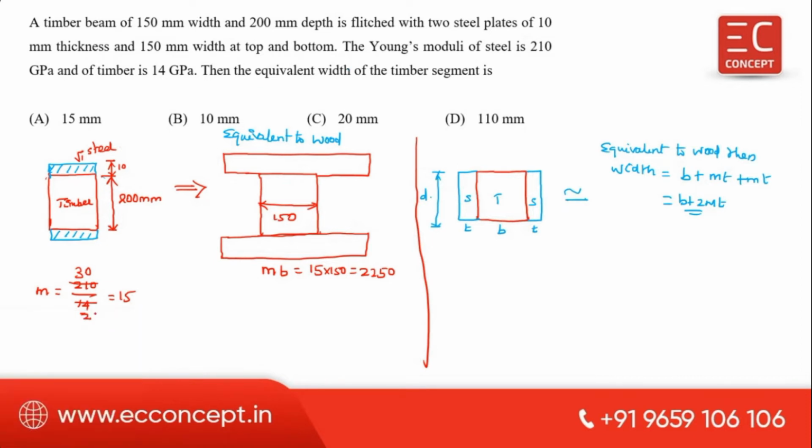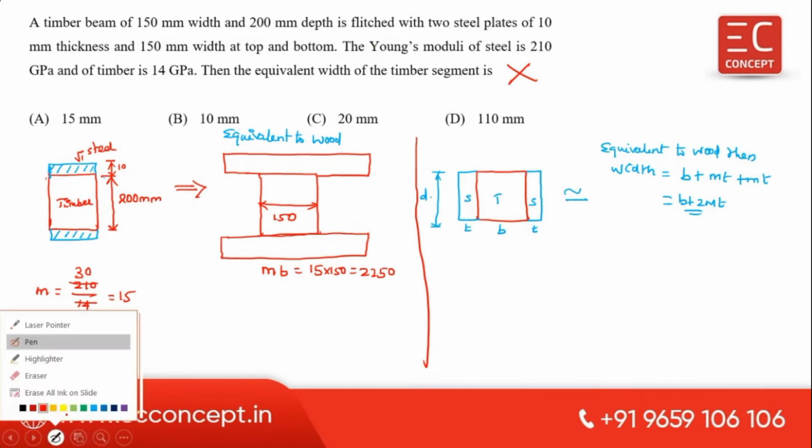This question is not correct. For side flitching also, if you substitute the values, you won't get the answer. So simply we can conclude this question is not fair. There was a mistake in this question. Okay, understood, right?